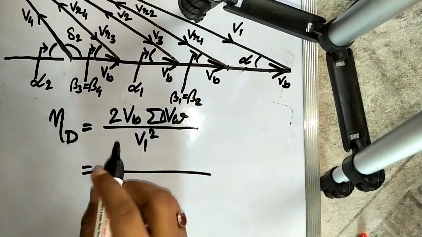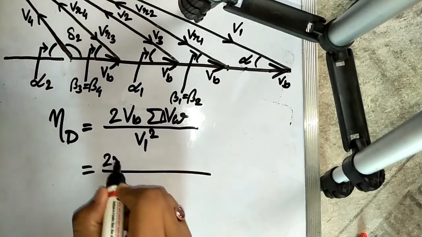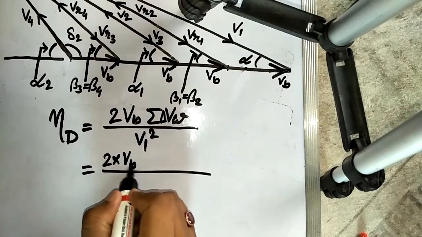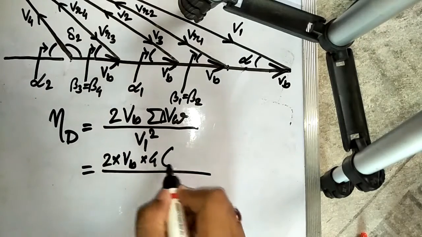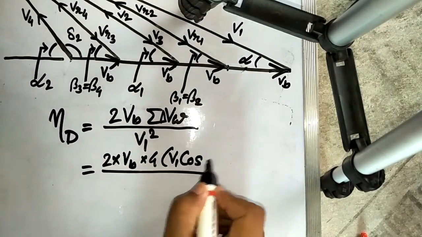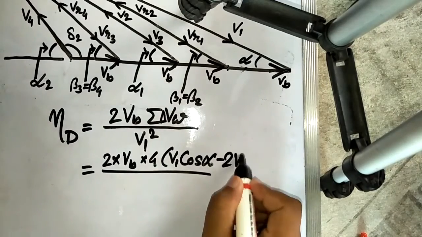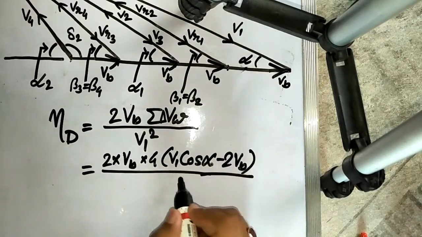So that is equals to 2 into vb into 4 v1 cos alpha minus 2 into vb by v1 square.